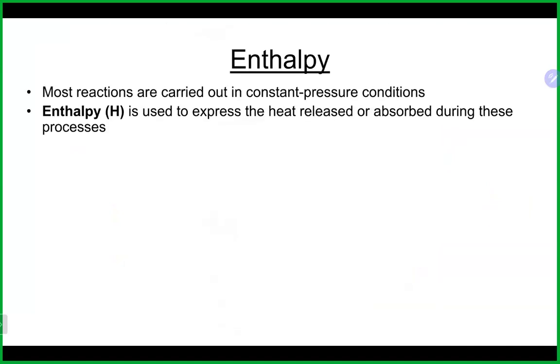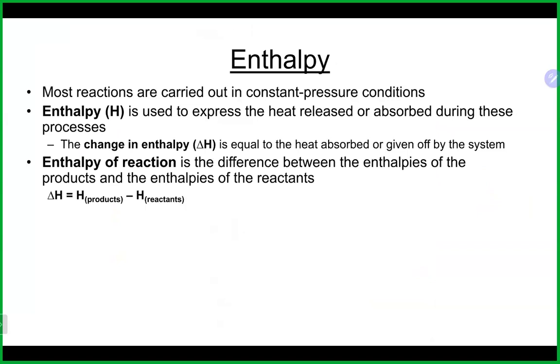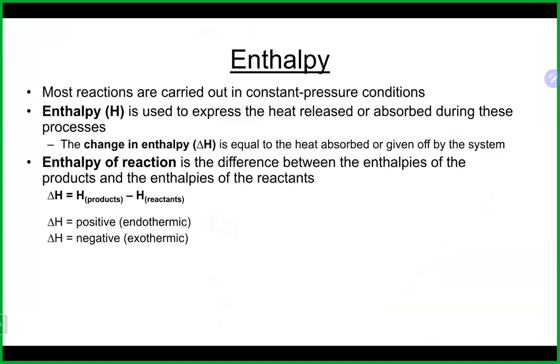Now, enthalpy, as I just mentioned, is probably the most common way that we see energy displayed in chemical reactions. The change in enthalpy is really a fancy way of saying, overall, is this reaction releasing energy or absorbing energy? It gives you how much energy is either released or absorbed in the process of a chemical reaction.